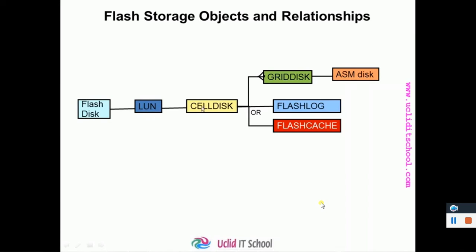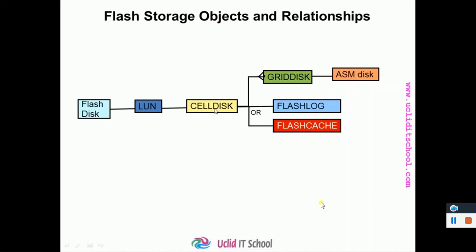On the LUN again we create a cell disk. Now this cell disk can be used in two different ways. One is the regular way: on a cell disk we create a grid disk, and this grid disk is exposed to ASM as an ASM disk, and you can use it to create ASM disk groups to store your data. Okay, but Oracle doesn't do this by default.